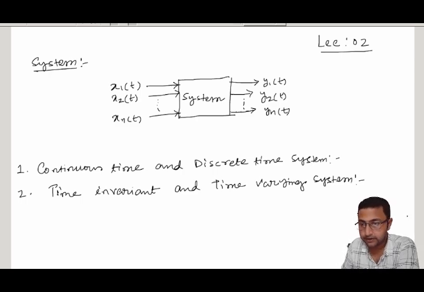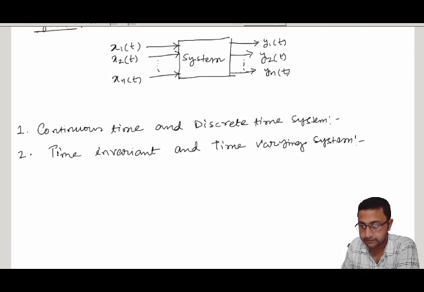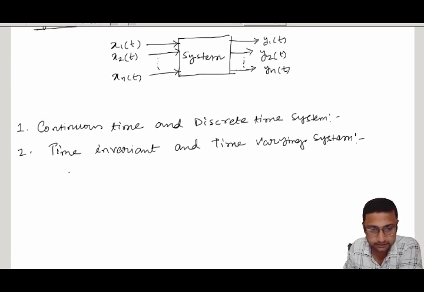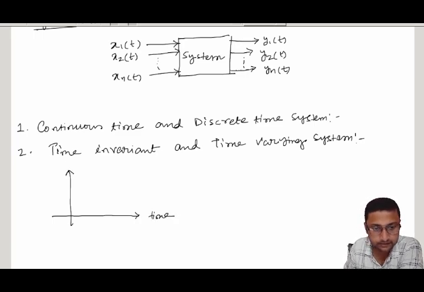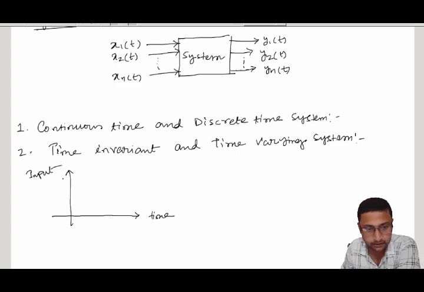Suppose I give an example. Suppose this is a system, and this is a plot. This is the time axis, the x-axis, and this is your input x(t). This is the origin.